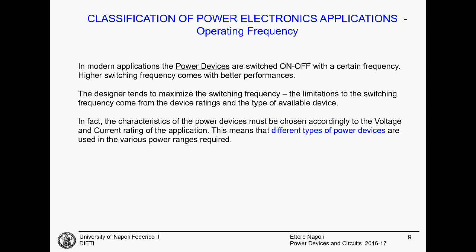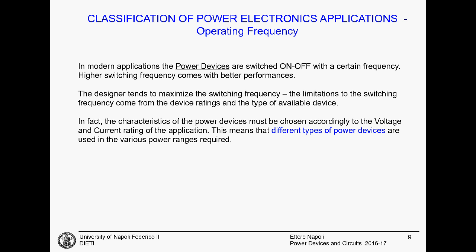We will see very shortly that power circuits in modern applications operate the power semiconductor devices in a particular way, that is class D operation. These devices are switched on and off. They do not operate in the middle, not in the linear range of operation.